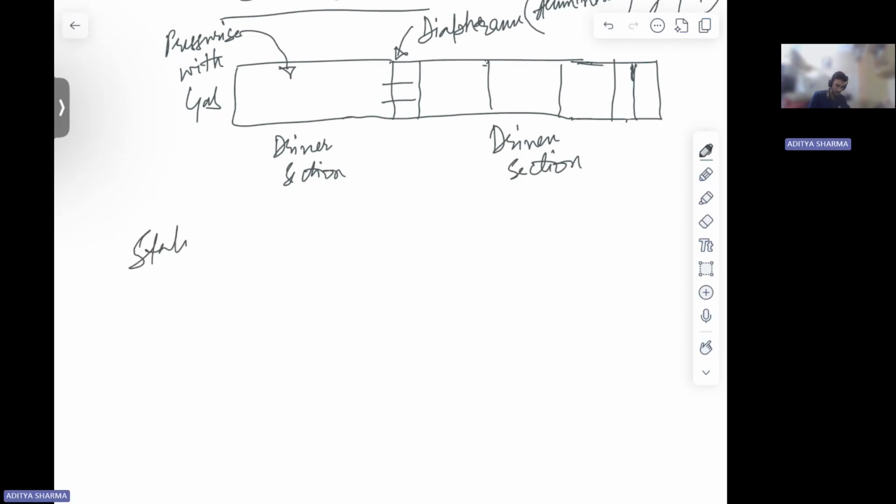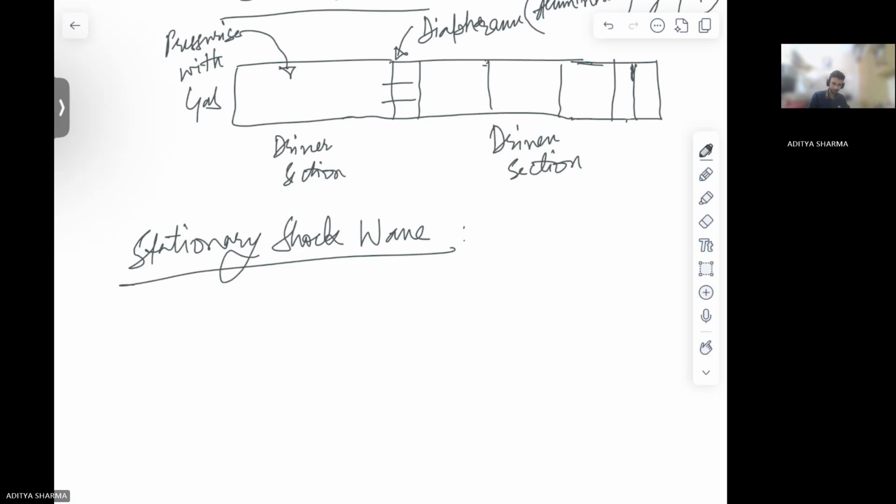Then stationary shock wave. So stationary shock waves are attained in your supersonic wind tunnels, where you keep a body in the test section. Okay.